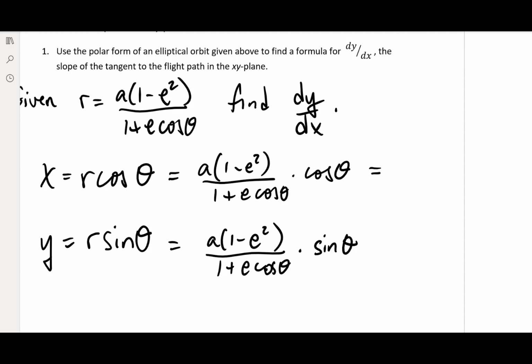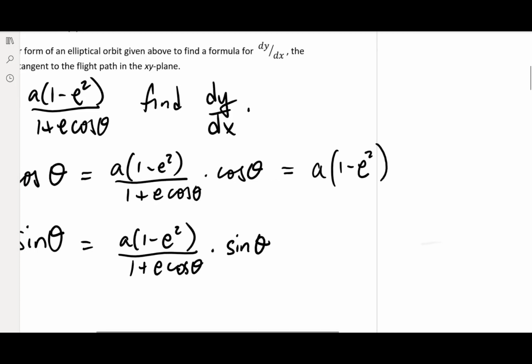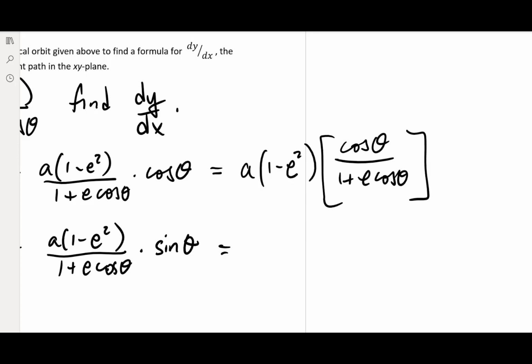And for the purpose of doing a derivative, we'll rewrite it like this. When we take a derivative with respect to theta, this a times (1 minus e squared) is all constant. They are constants for the ellipse, fixed values for a particular ellipse, and they will not change with the angle theta. So let's rewrite it like this, where we factor out this constant to the side.